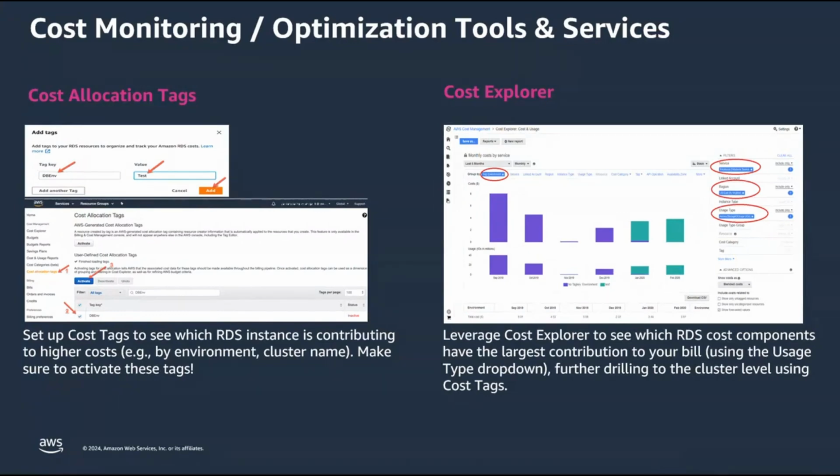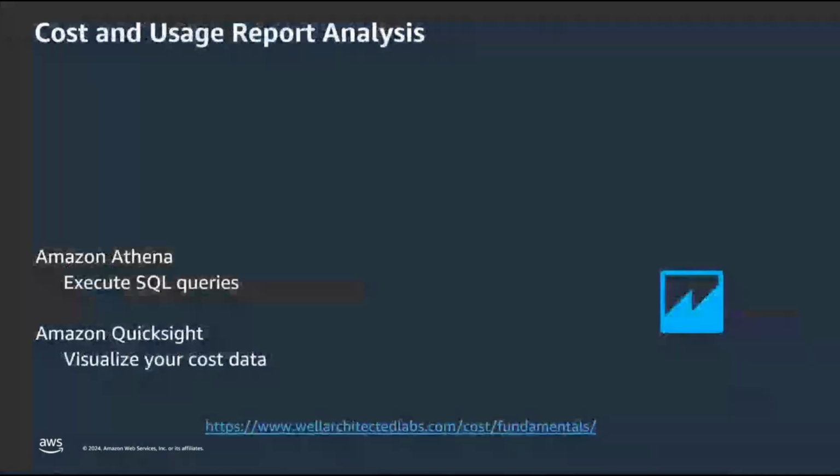You want to tag what environment it belongs to and what business application you're supporting with this instance. Then with Cost Explorer, you can start browsing right there to see which ones contribute most of the cost in general. It's usually a specific app that aggregates all the consumption, or it depends on the environment, etc.